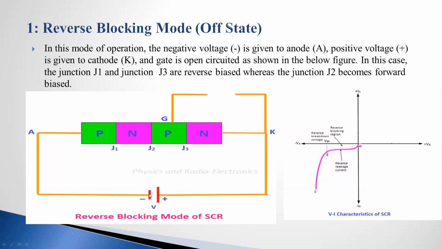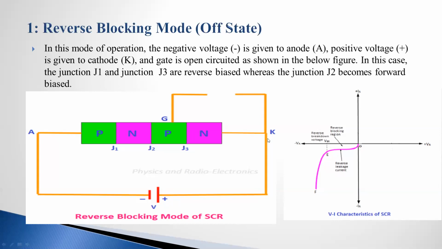The negative terminal of this battery or supply is connected to the anode, and the cathode is connected to the positive terminal of the supply.